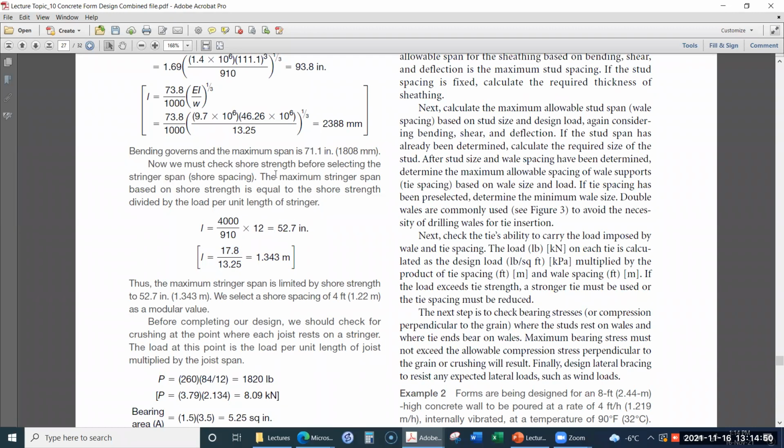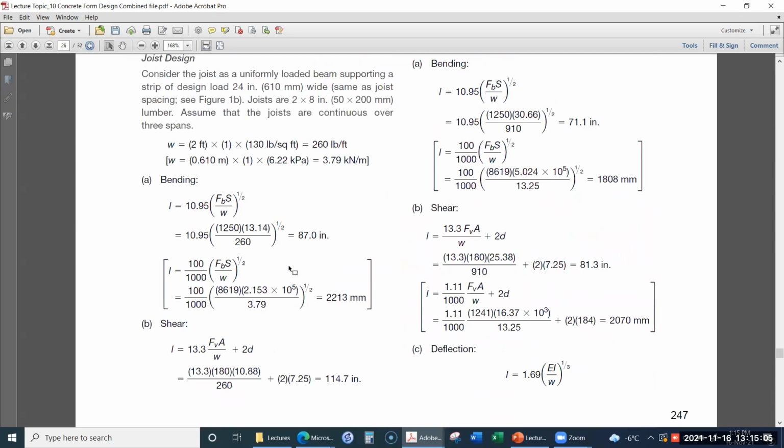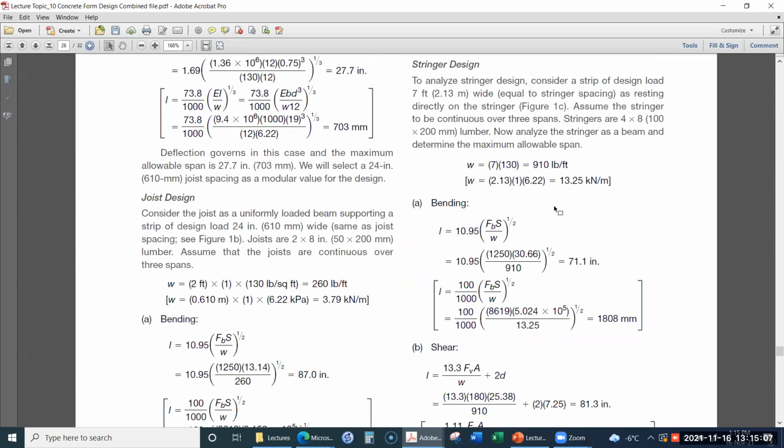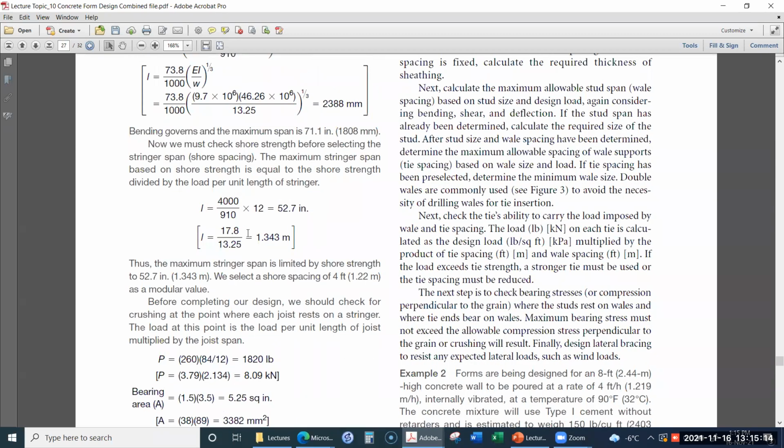The maximum stringer span based on the shore strength is equal to the shore strength divided by the load per unit length of the stringer. The load per unit length of the stringer is 13.25, which we calculated earlier. So the shore capacity divided by this load gives a spacing of 1.343 millimeter.